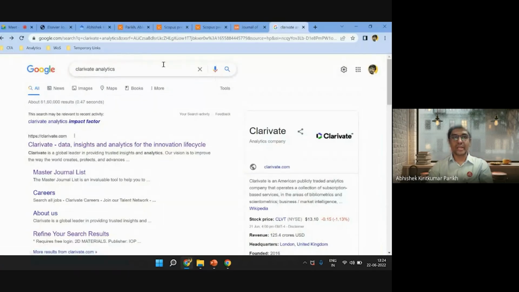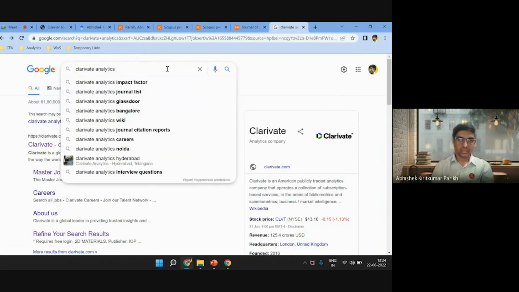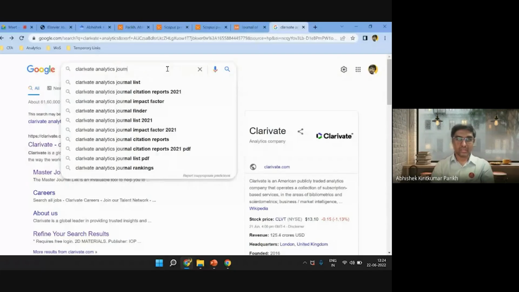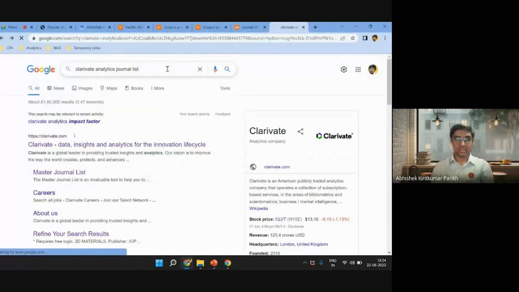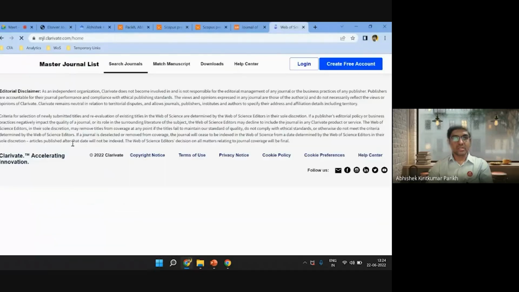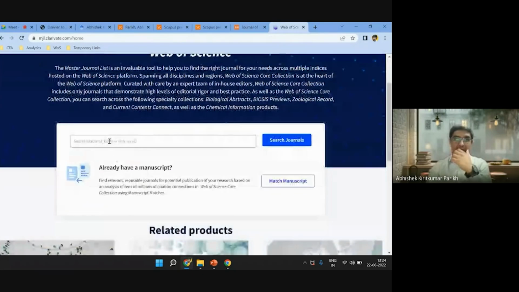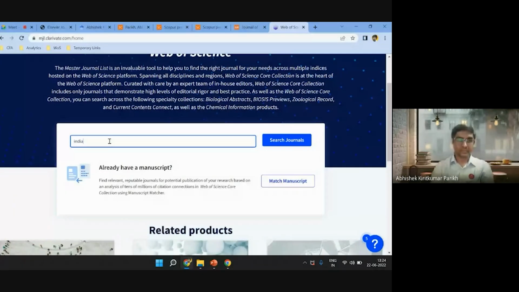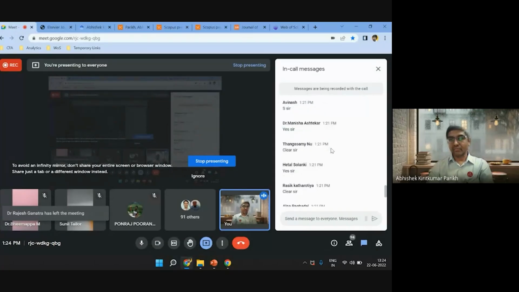I'm not going into the detail of it, but yes, you may have a look. This is the Web of Science journal search. You can write down the journal name. I think one candidate gave the name Journal of Finance Behavior.